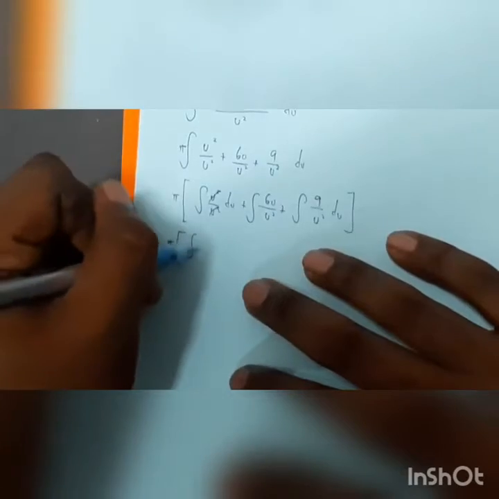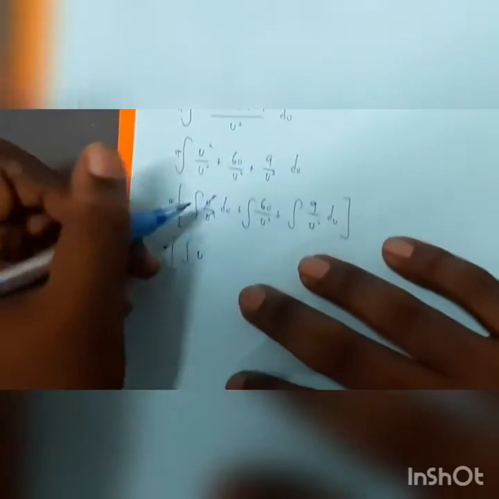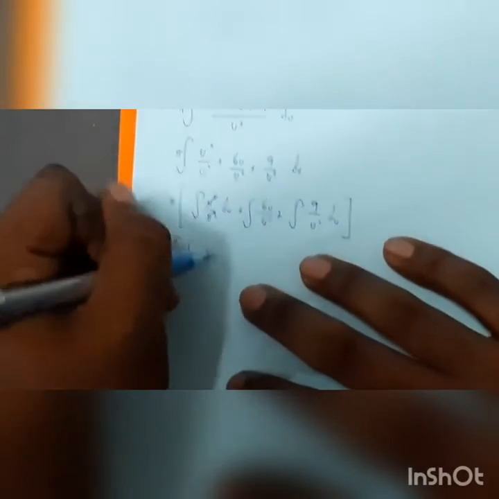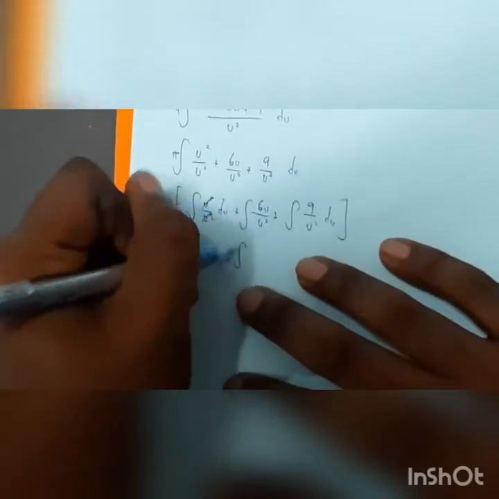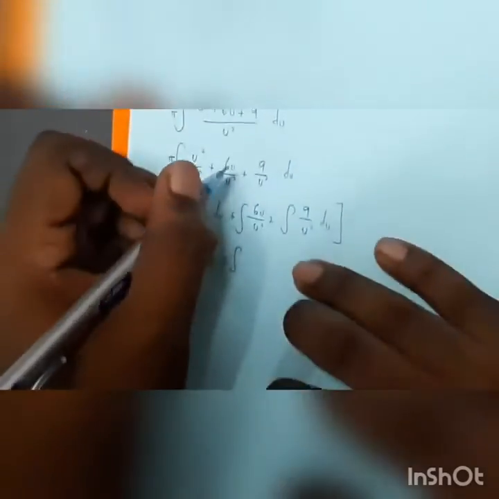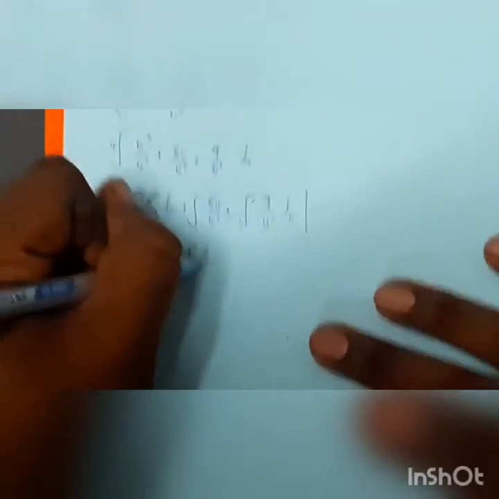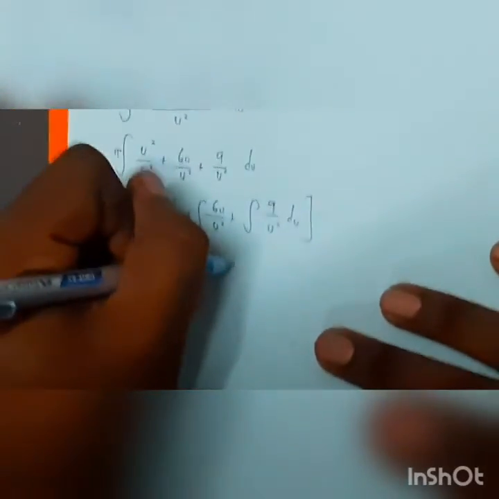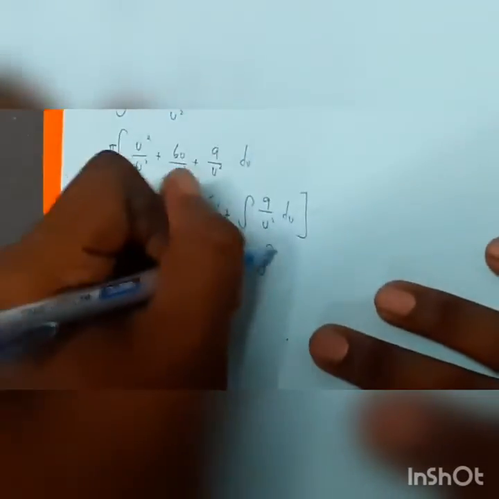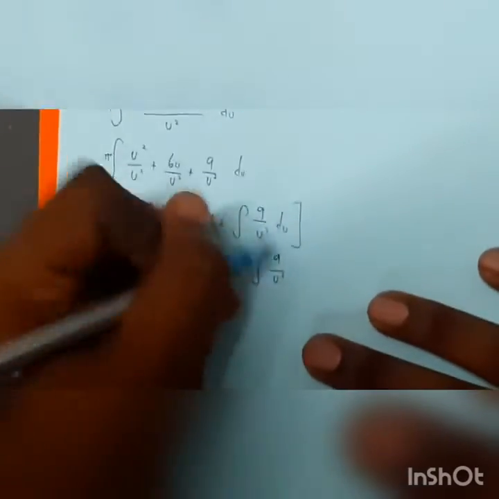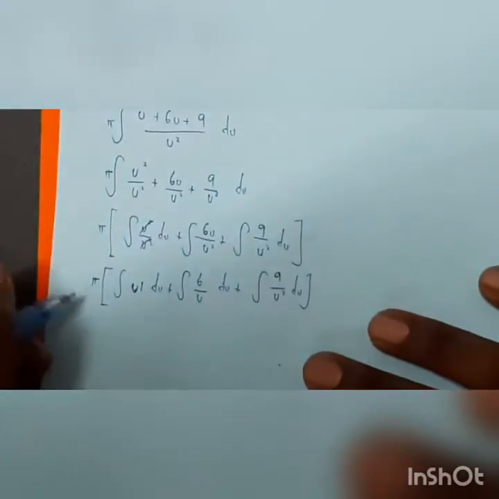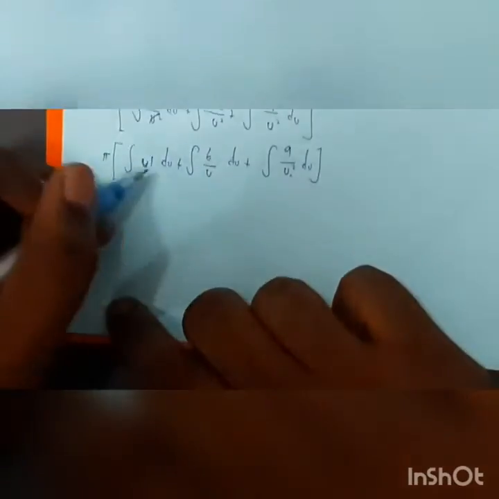So we have the integral of 1 du, plus the integral of 6u over u squared, which is 6 over u du, plus the integral of 9 over u squared du. Now we can start integrating every single term.